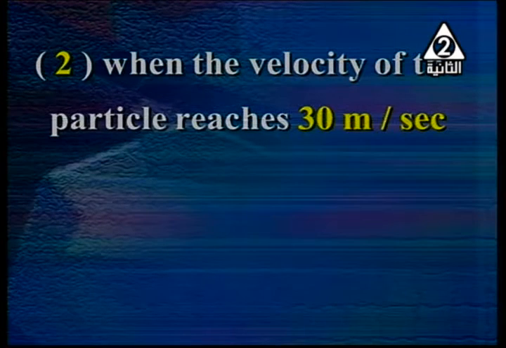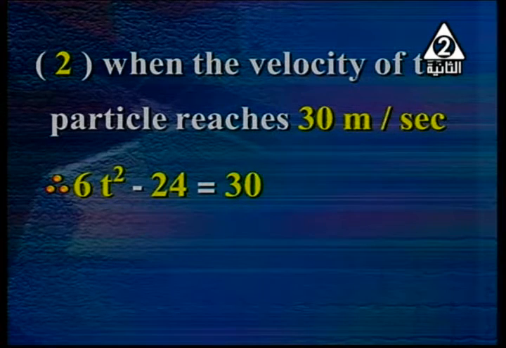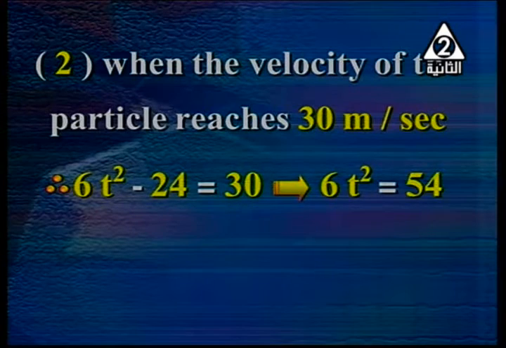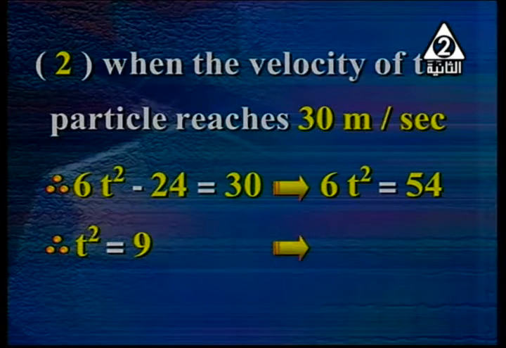After that, when the velocity of the particle reaches 30 meters per second, by substitution of velocity equals 30 we find the value of t. Then 6t squared minus 24 equals 30, 6t squared equals 54, dividing by 6, t squared equals 9, therefore t equals 3.